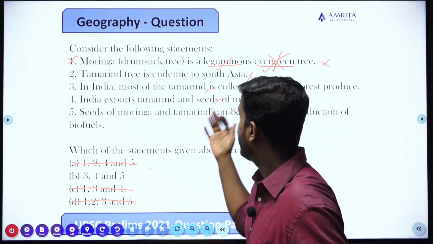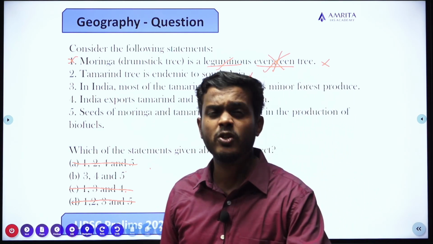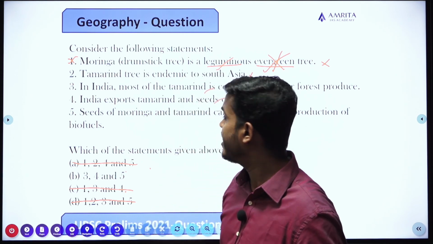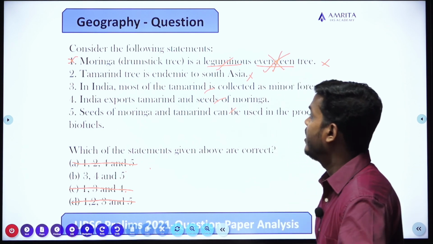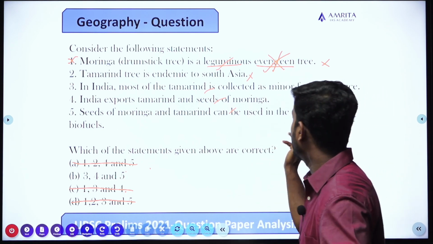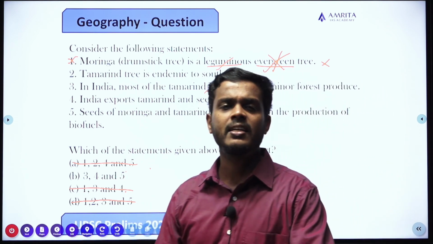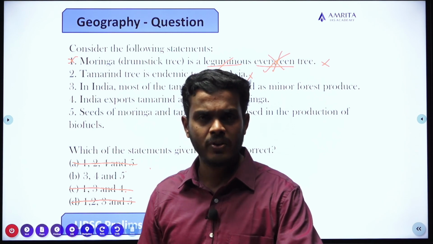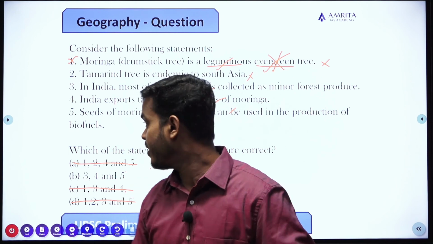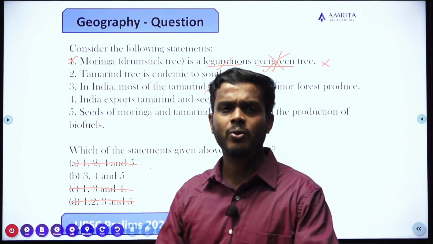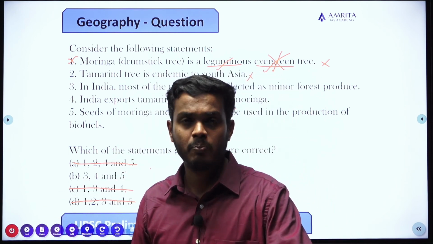In India, tamarind is collected as a minor forest produce. That is very correct. And India exports both tamarind and moringa seeds. Seeds of moringa and tamarind can be used in production of biofuels. That is a general statement. In biofuels we can use different types of vegetables or seeds, any type of crops.